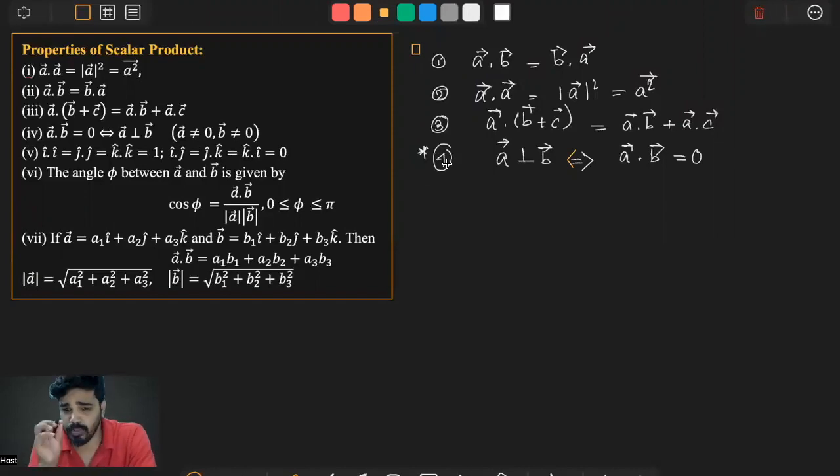This is very important; note down the important points immediately. So if A is perpendicular to B, that means A dot B is equal to 0. Conversely, if A dot B is equal to 0, then A is perpendicular to B. Number 5 is that I dot I is 1, where I is the unit vector.